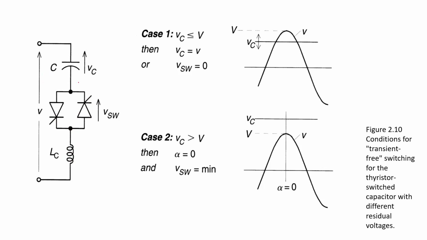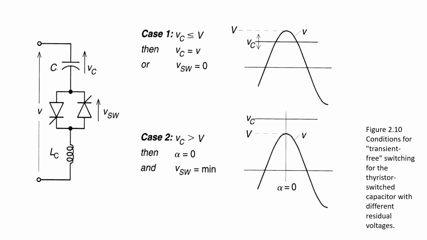So here the important point is the instant of the switching of the capacitor. If we are switching the capacitor at any value, definitely there is a transient in the switching. So the switching transient will occur because of the capacitor. Okay.